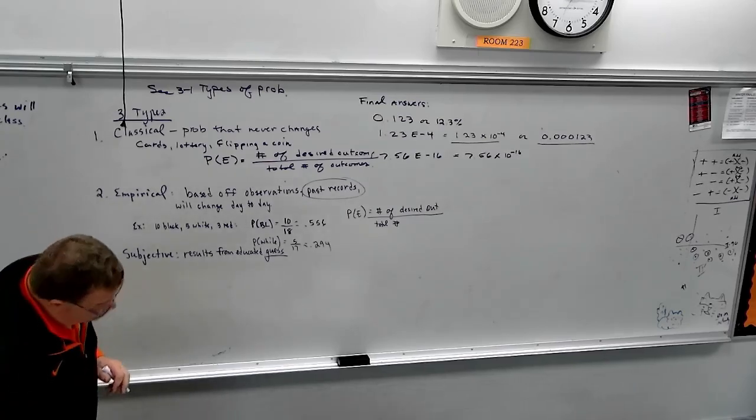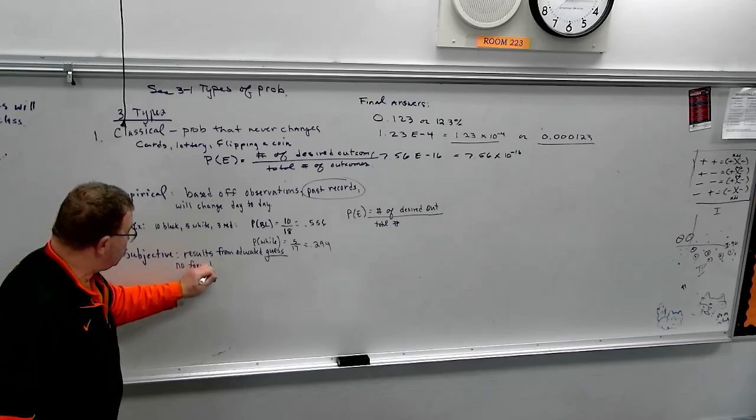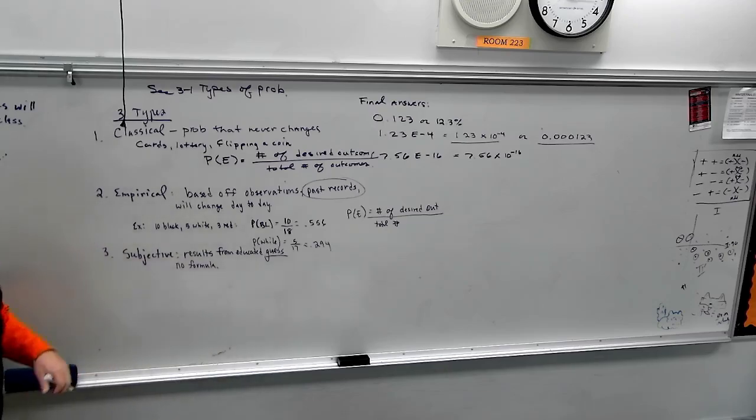There's no formula for it. It's subjective. Here's an example. I think there's a 40% chance of snow today. Does that mean it could snow? Maybe it doesn't snow. I think there's a 50% chance of rain today. That doesn't mean that it's going to. Just that there's a 50% chance.